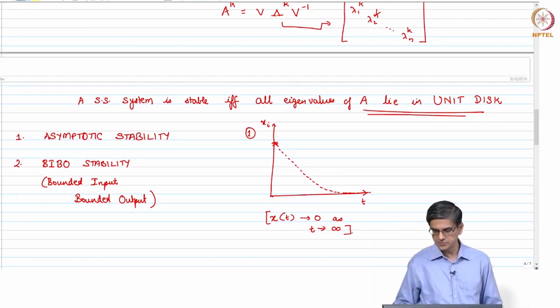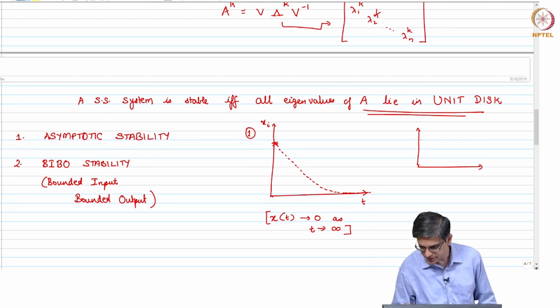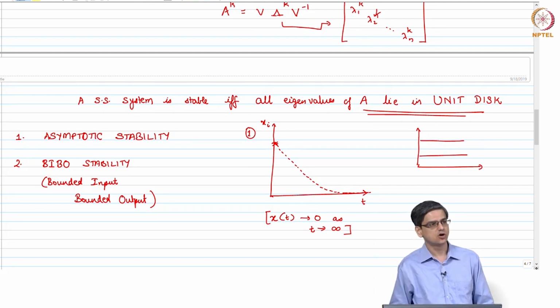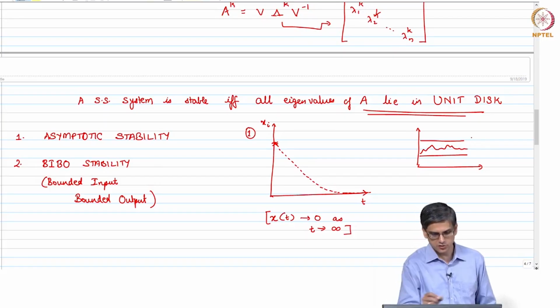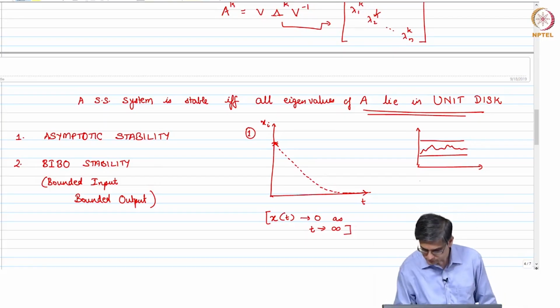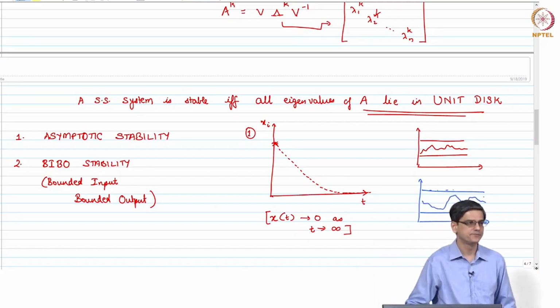What does BIBO stability mean? BIBO stability means that as long as your input is bounded, your output also should be bounded.